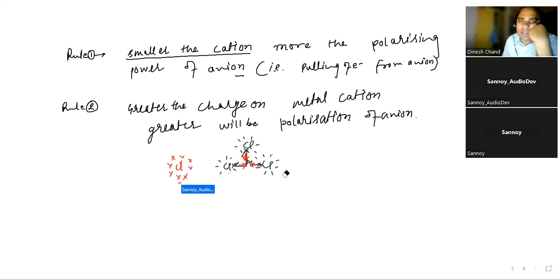But you need to see what the rule is saying. The cation should be a small cation. If the cation is very small, the distance between the positively charged nucleus and the electron is very small, so the nucleus can pull the electron faster.